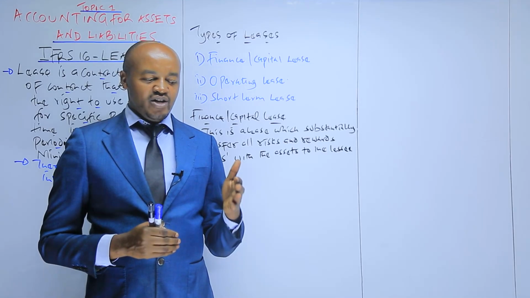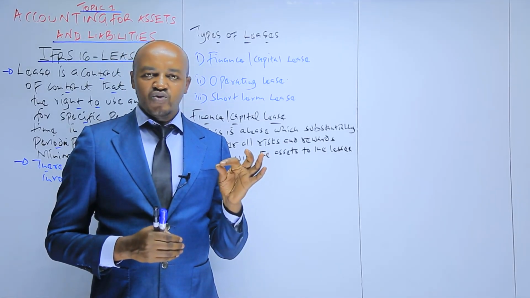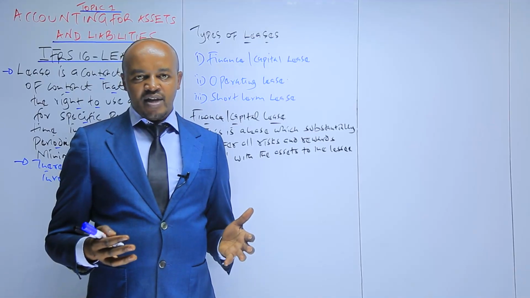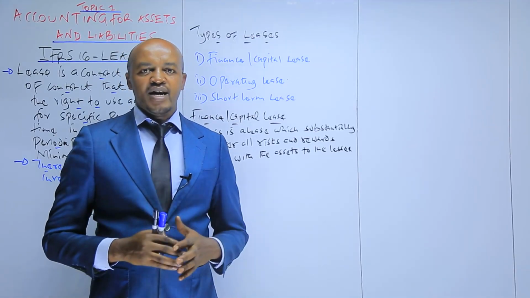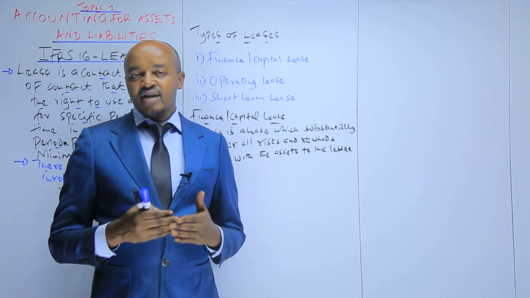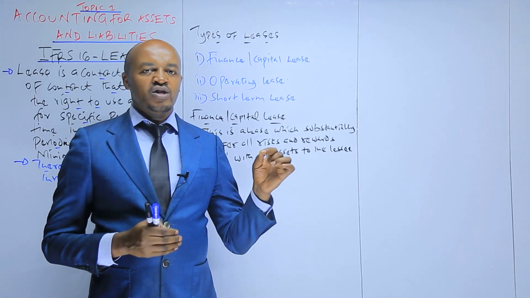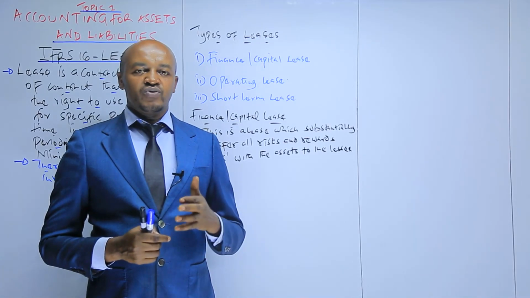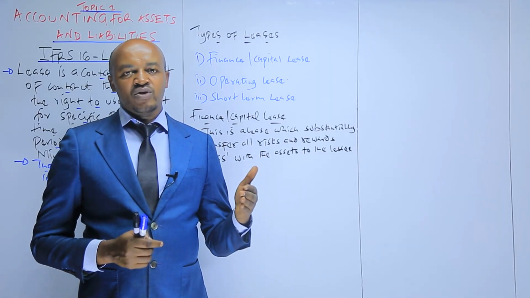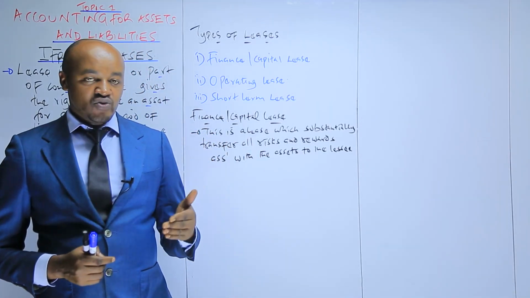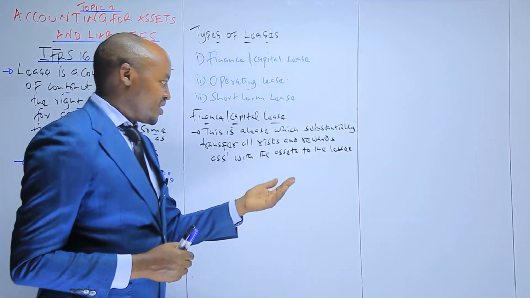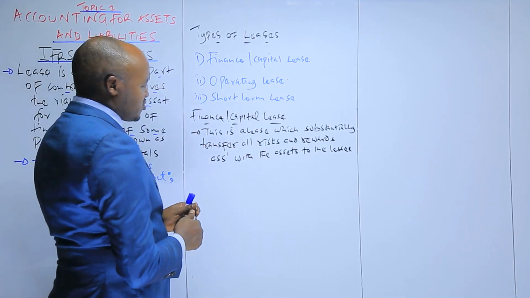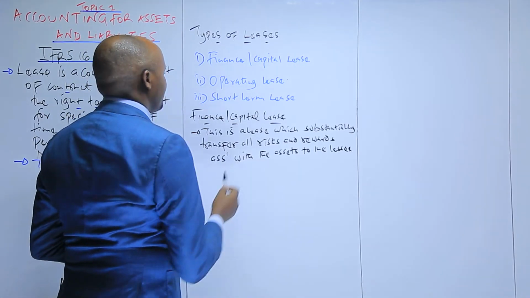It means that you have the responsibility to insure that building, because if something happens to it, like the building is damaged, then you have the responsibility to repair it. So that's why we are saying you have the responsibility to ensure that the building is insured. In this case, we say that the risk and also the rewards associated with the asset are now transferred to the person who is called the lessee.